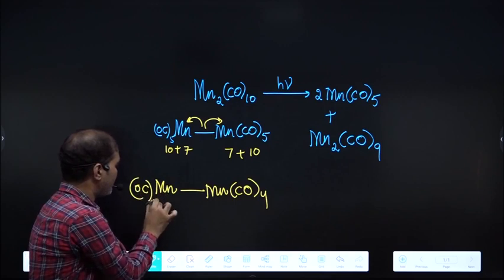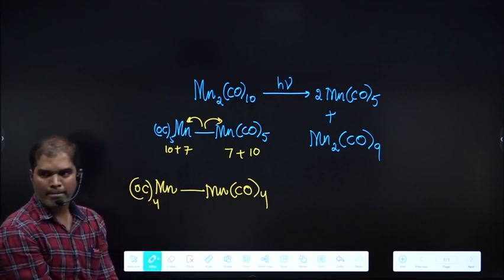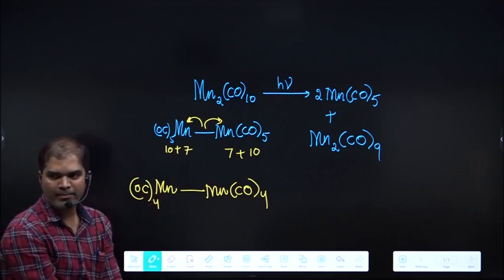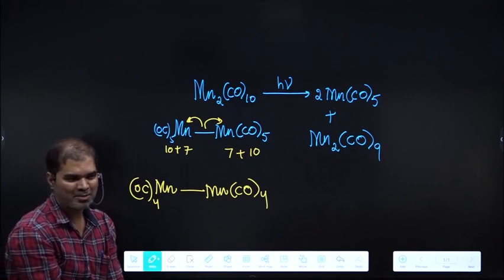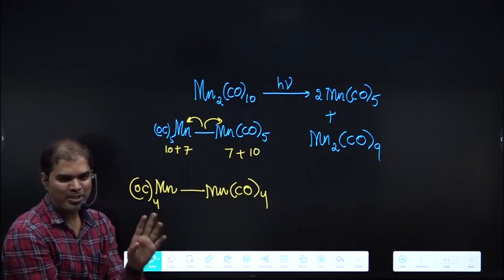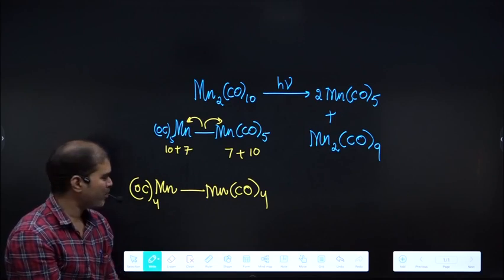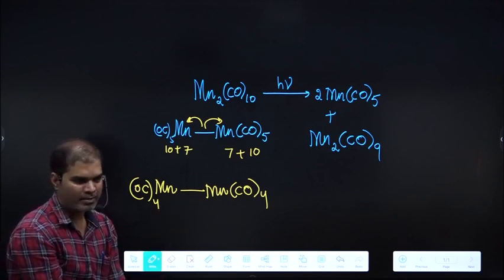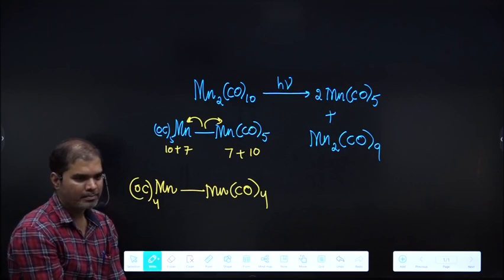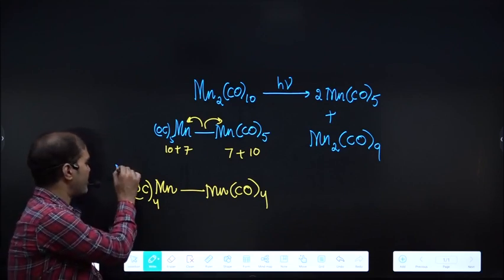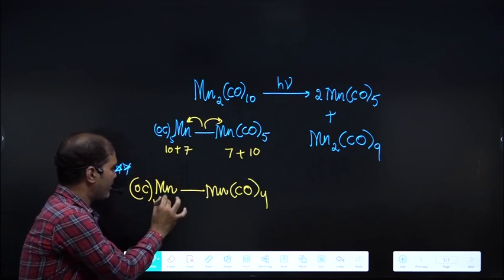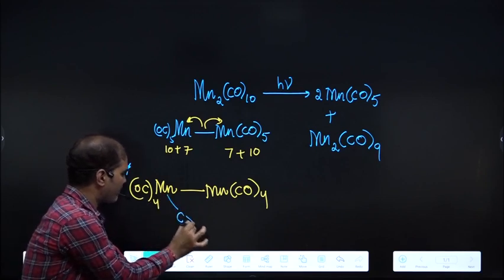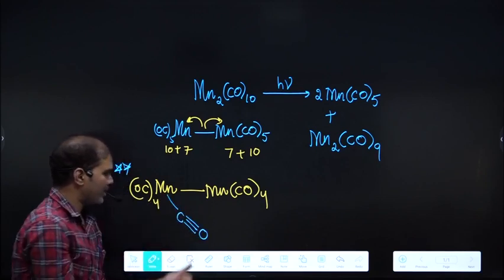Even if it is bridging, you just check. Or should I put one more metal-metal bond? That is not a possibility. Now here you have a unique structure where there is a carbonyl.